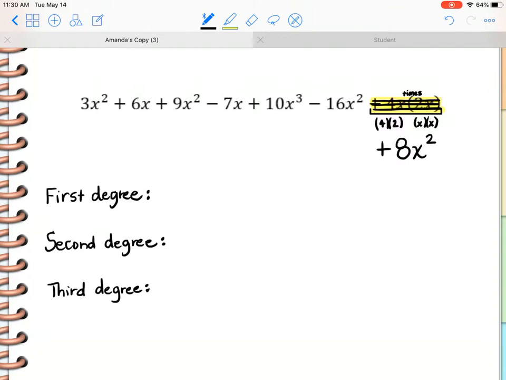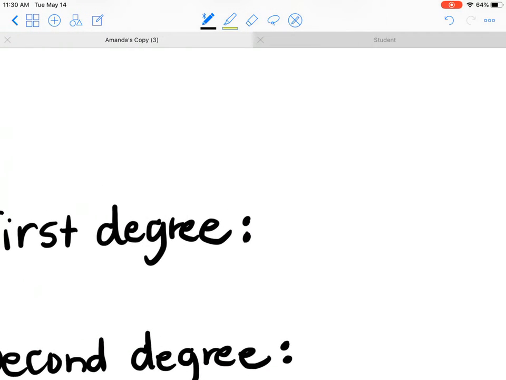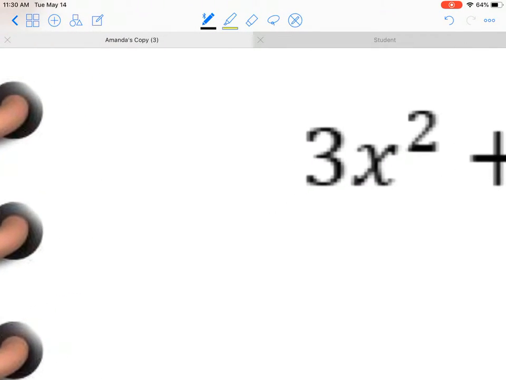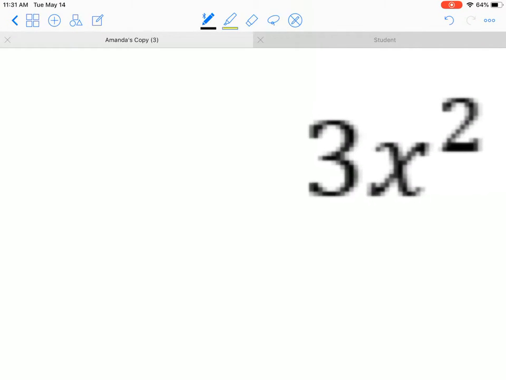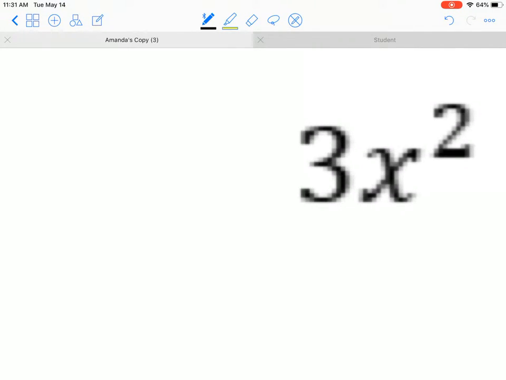Okay, I'm going to zoom in again to this first term, and I'm going to cover everything else up but that. This is pronounced 3x squared. And here's the key. That tells me the degree.